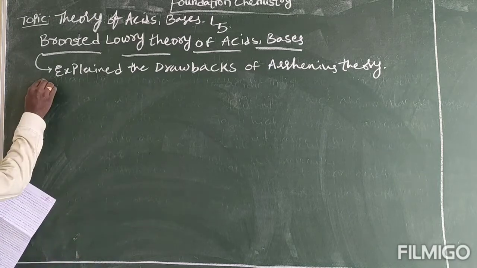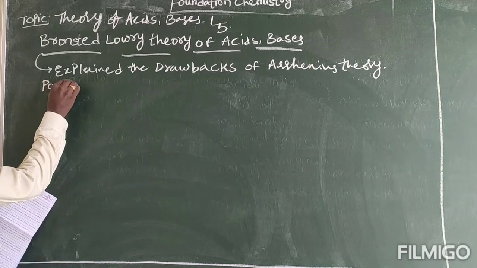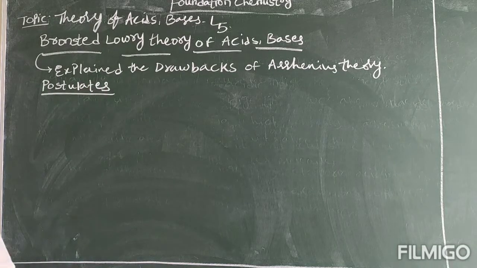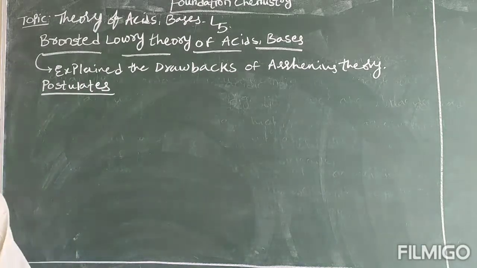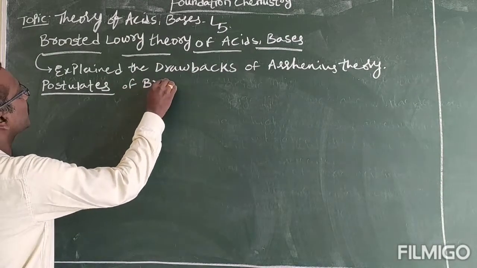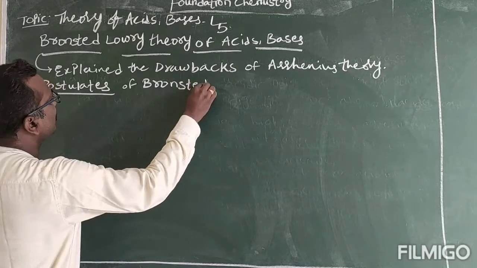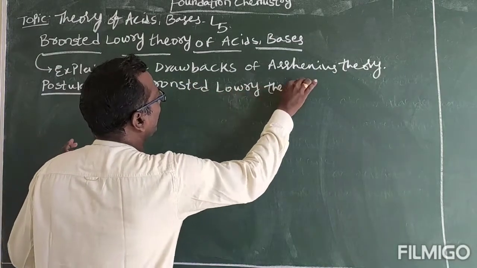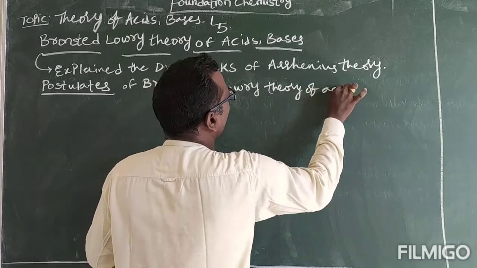So what are the main postulates of this theory? Postulates means the main points of the Bronsted-Lowry theory of acids and bases.